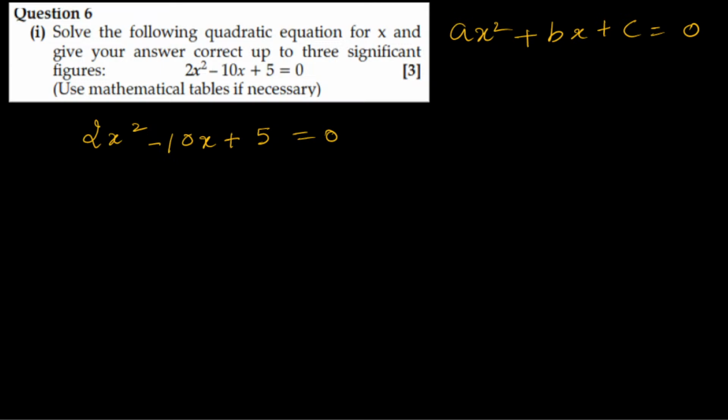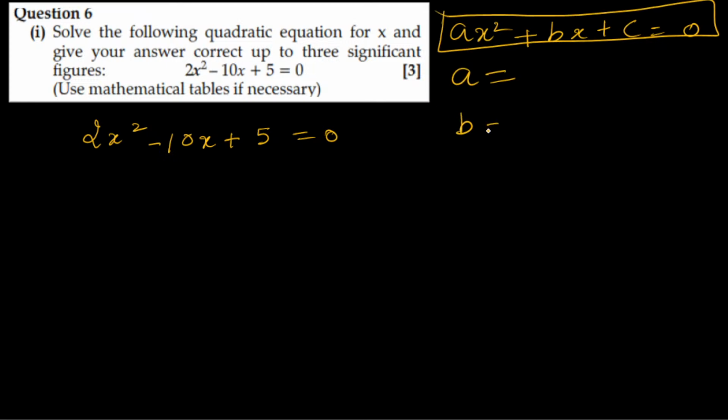I want you people to solve the questions along with me and also give answers. So what are the values of A, B, and C here, if you compare with the standard quadratic equation?